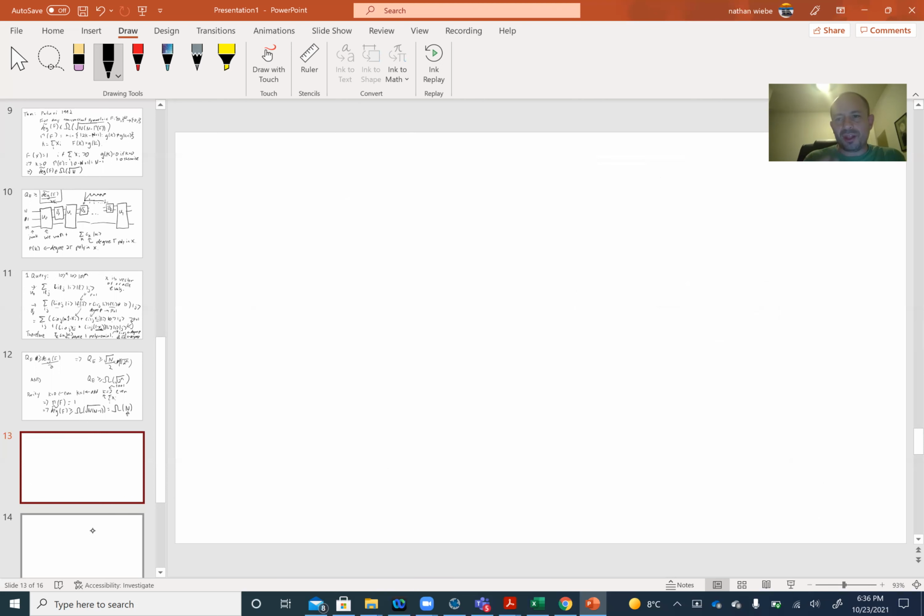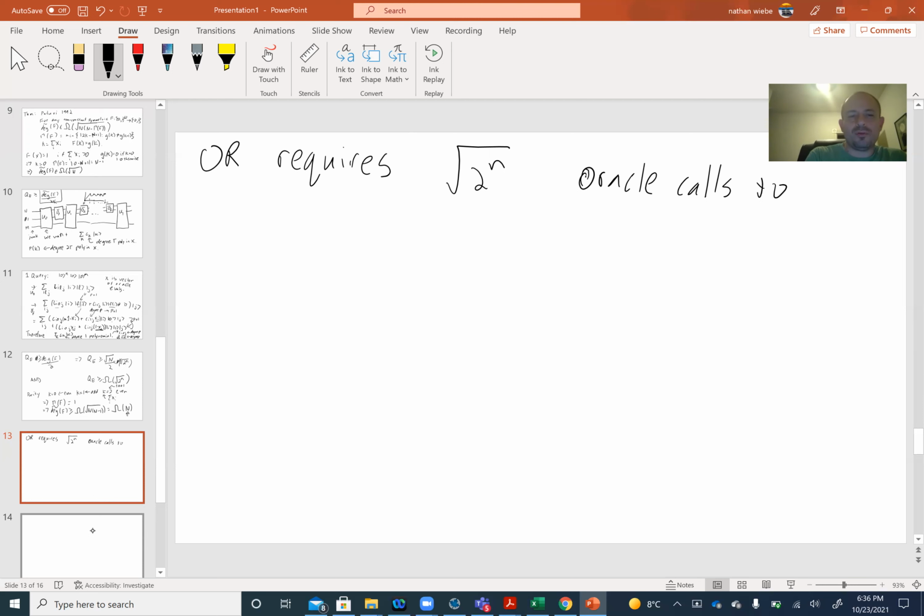And this ends up, of course, leading us to our final conclusion, right? OR requires square root of 2 to the n oracle calls to find the OR of all bits yielded by the oracle function f, okay?